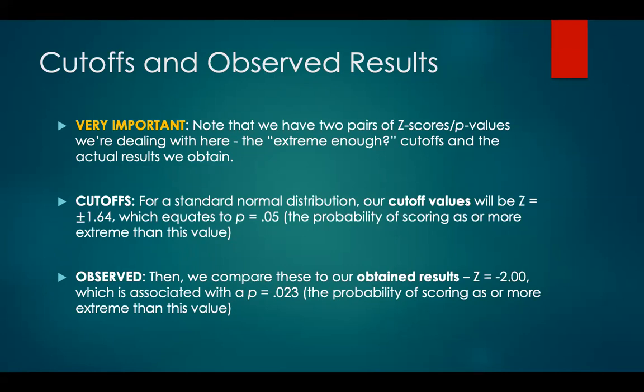And then we compare these to our observed results, which is a z equals -2, which is associated with a p equals 0.023. The probability of scoring as or more extreme than this value. So you need to compare this to this in order to determine whether or not you can reject the null hypothesis.